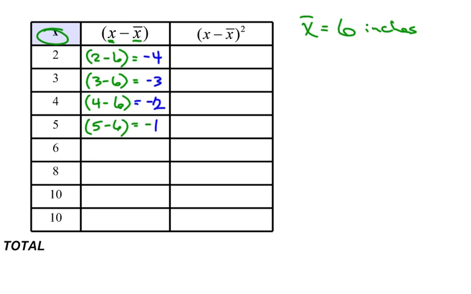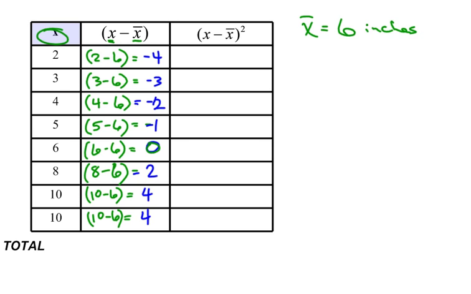And 6 minus 6 is equal to 0. And 8 minus 6 is equal to 2. And of course 10 minus 6 is equal to 4. And 10 minus 6 again is still going to be equal to 4.